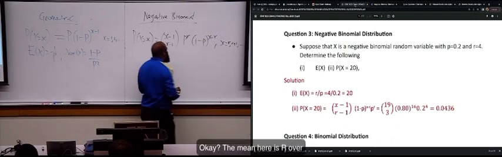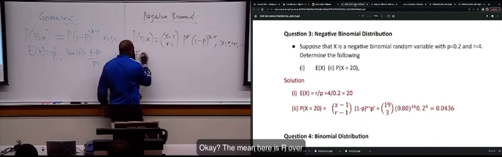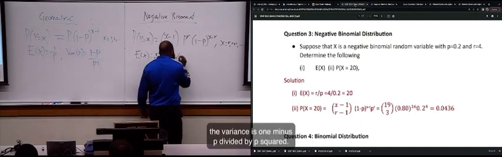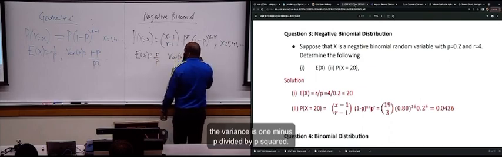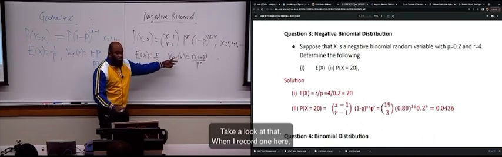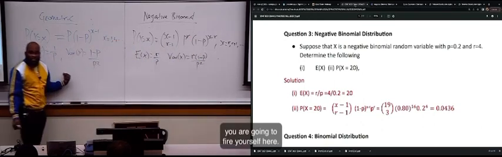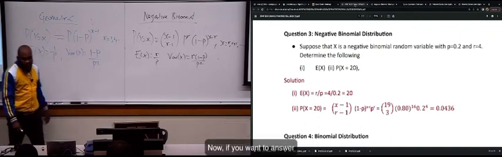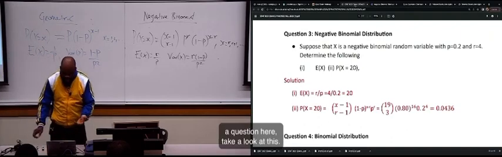The mean here is r over p. The variance is r(1 minus p) divided by p squared. Take a look at that. When r equal to 1, you are going to find yourself at the geometric. Now, if you want to answer a question here, take a look at this.